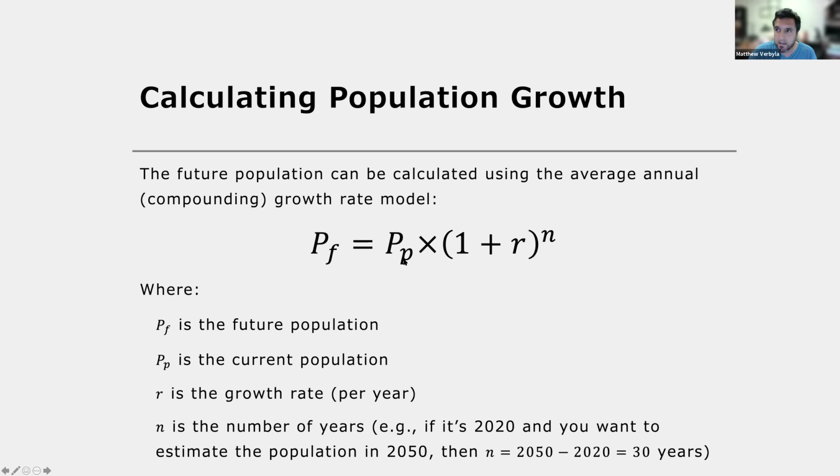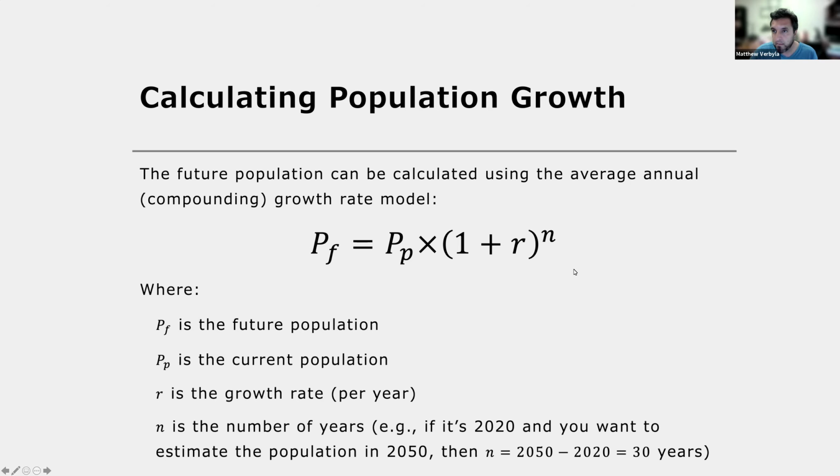P sub P could equal 1950, the past year, and n would equal the difference between those 2 years. Right, so 2020 minus 1950 would be 70 years, so n would equal 70 years. And we could rearrange this equation algebraically and solve for R to find what the growth rate was during that period of time from 1950 up to 2020. All right, so we can use this equation in a number of different ways.